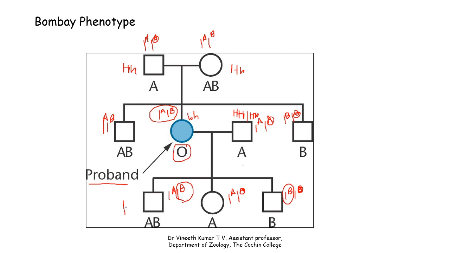As a result, all the children will have capital H and small h, so the H substance was present on all the children's RBCs. As a result, whatever allele was present in her genes, when this is inherited by her children, they will show that particular allele which has been inherited.